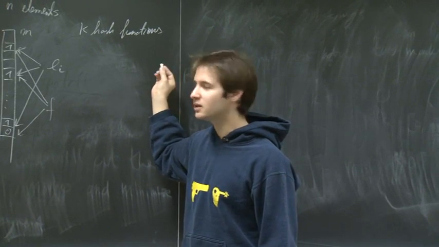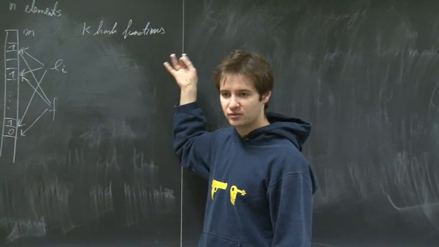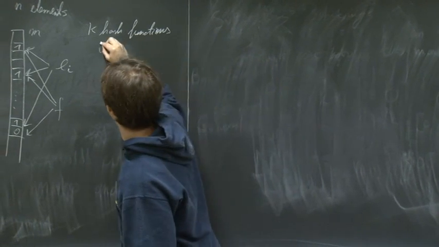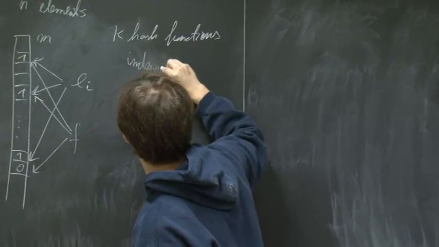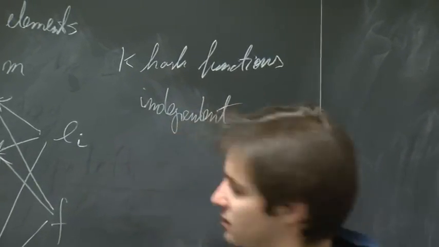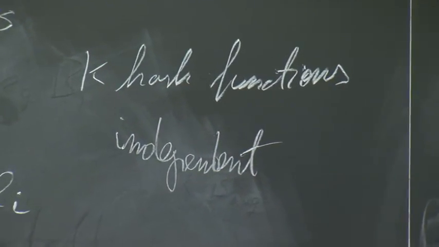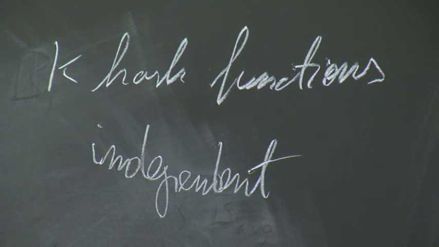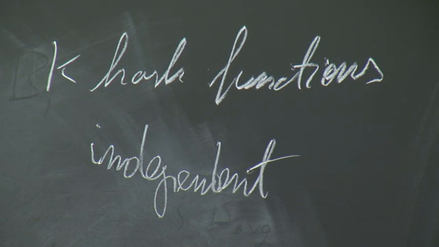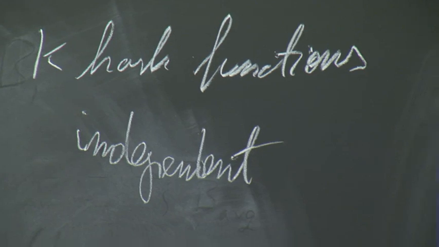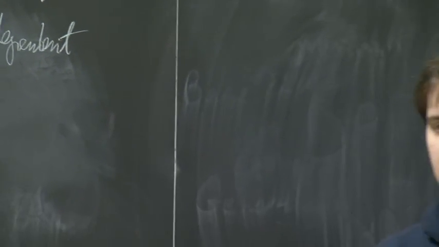I'm not sure if that's the right term, but they all have independent values from each other. So for any number you give, any hash function returns a value that's independent of all the other hash functions, and they're all 0 through m minus 1.